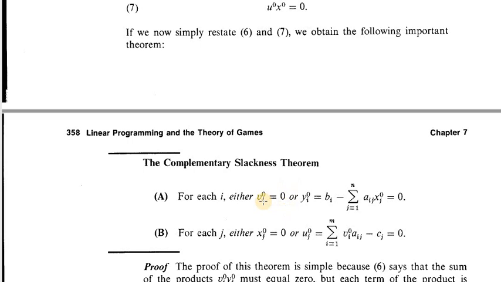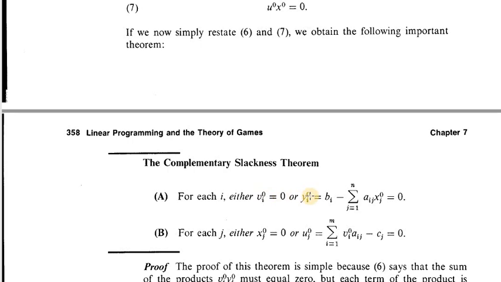What does it mean that vi of 0 is not equal to 0? Well, that means that if I increase bi by 1, then the value of the solution of the maximum problem will also increase by vi, sorry.